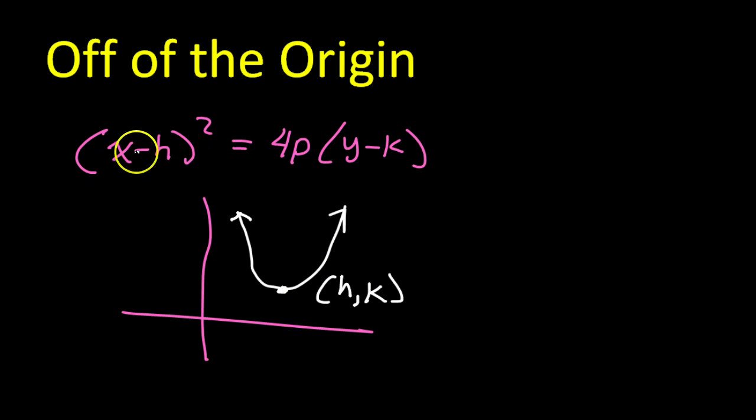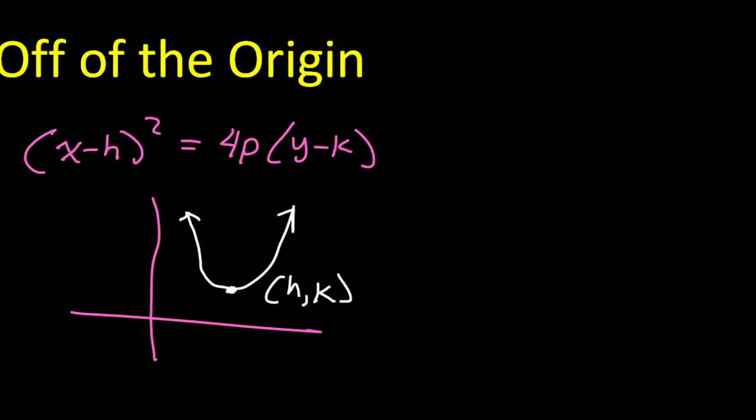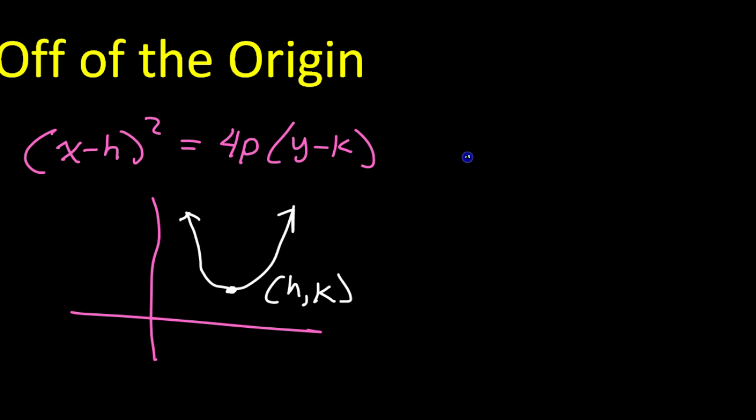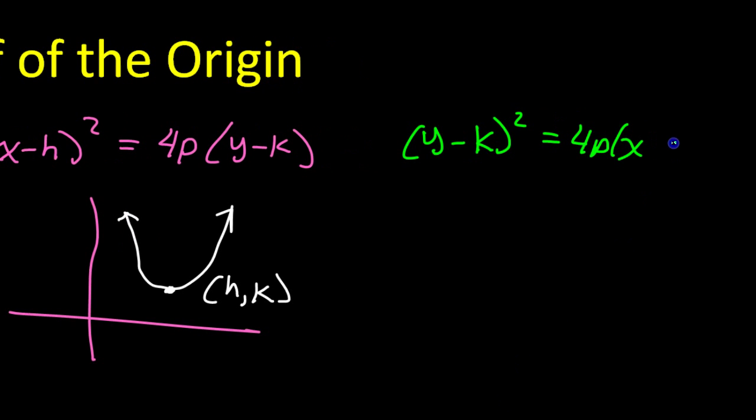So again, when the x term is squared, it's a normal up or down parabola. But watch out, because sometimes you'll have stuff like this where you'll have (y minus k) squared is equal to 4p, and then you'll have your (x minus h), not squared.